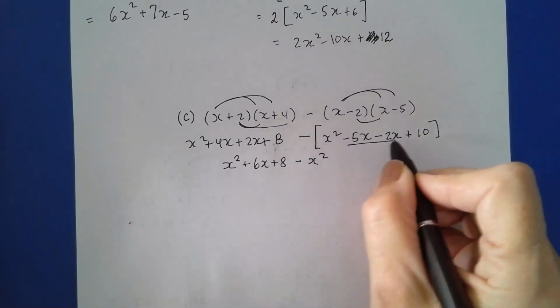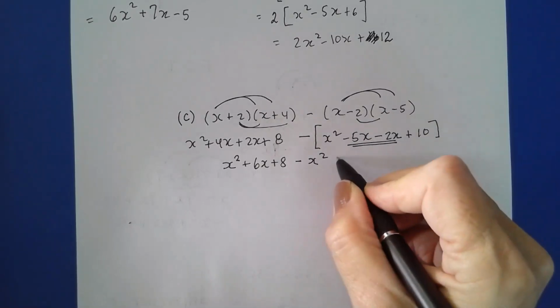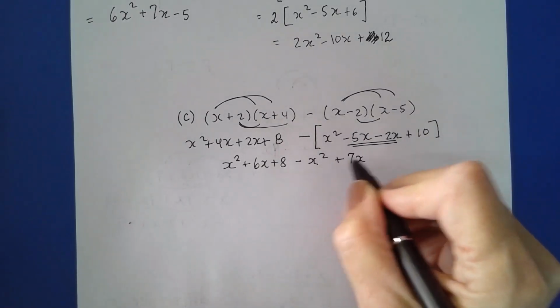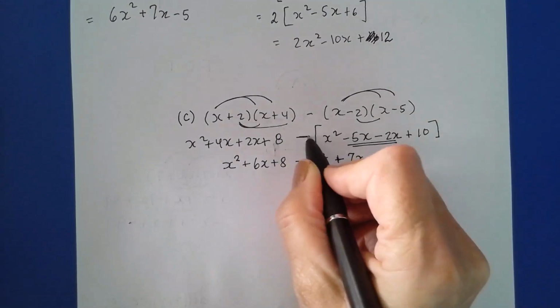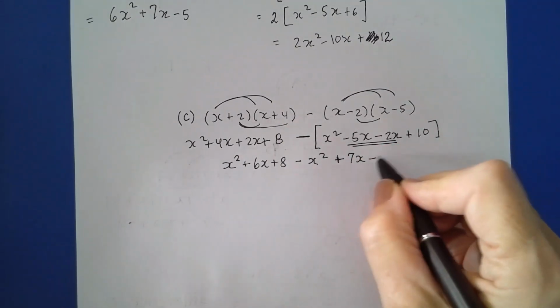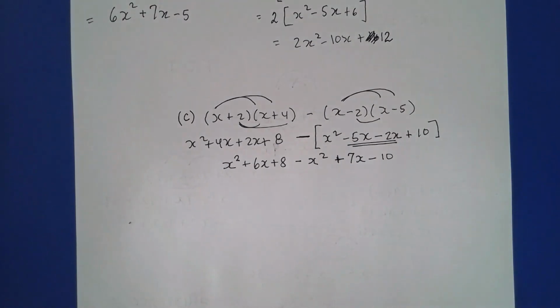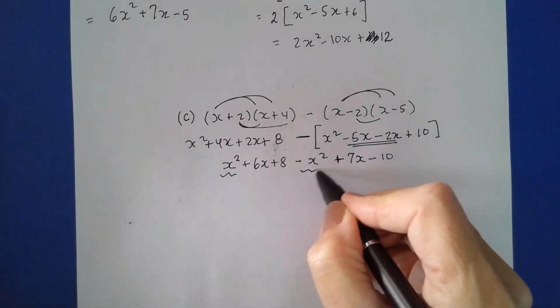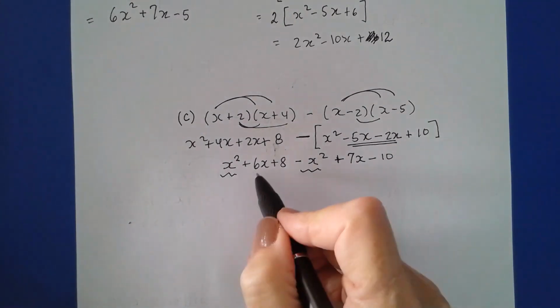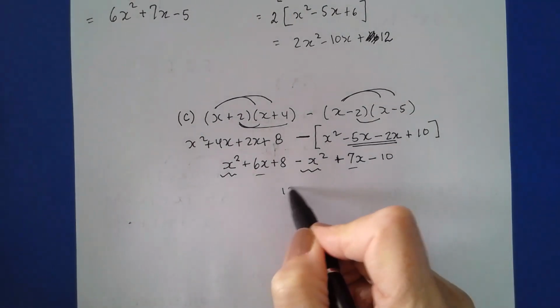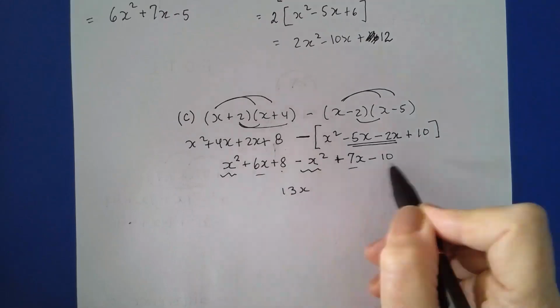This gives me negative 7x, so it's going to be positive 7x. What's making it positive? That. And then minus 10. Okay, so I know. So those are gone, and these go to 13x, and these go to negative 2.